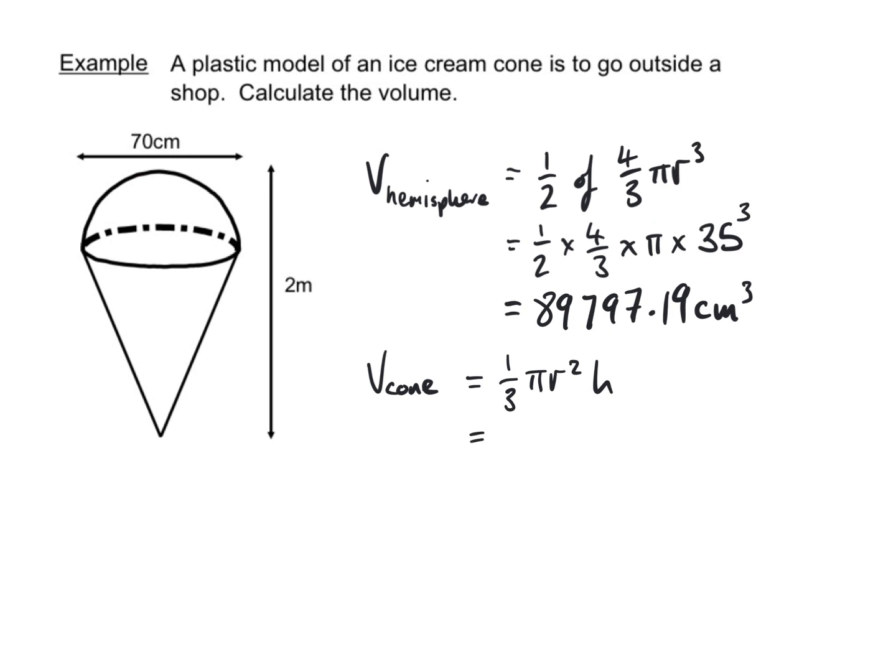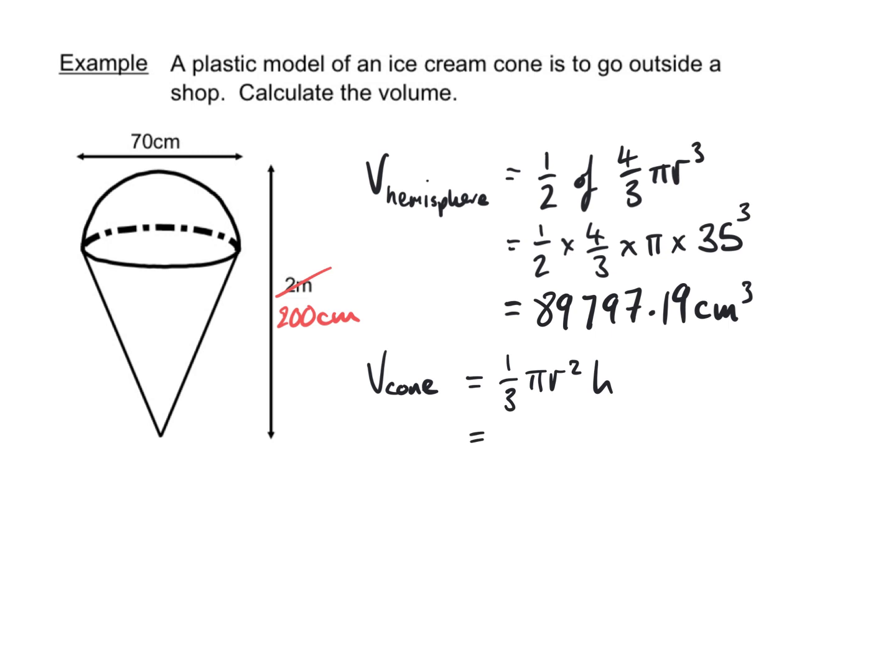So we can't work in these mixed units, we need to decide on one. Because I've already done the first part of the question and I used 35 centimetres here, that means I'm pretty much working in centimetres now. So that 2 there, I'm going to need to change into 200 centimetres, so I'm consistent throughout my working. So that 2, I'm going to change to 200 centimetres up at the side there.